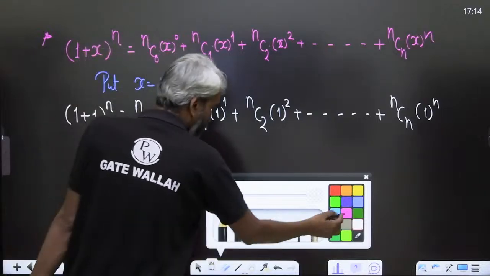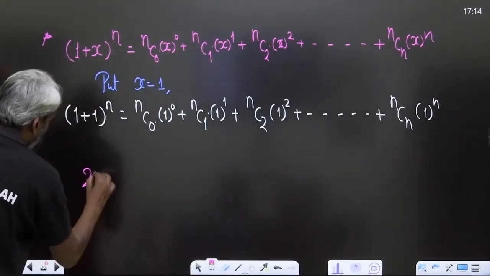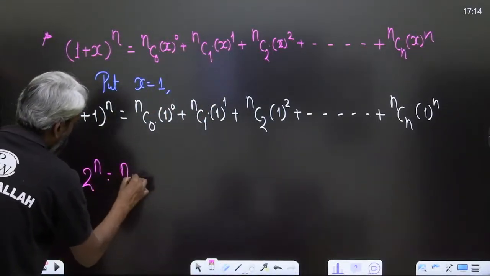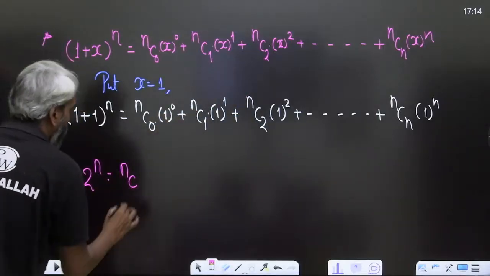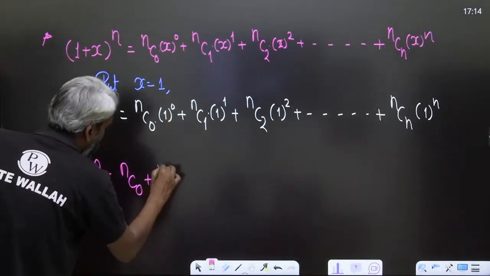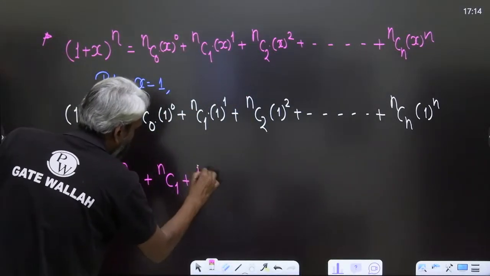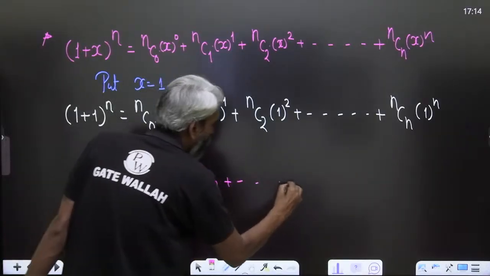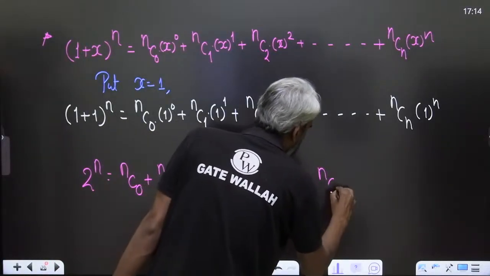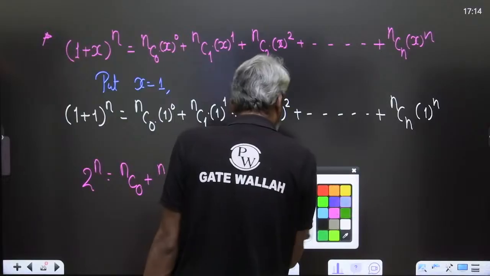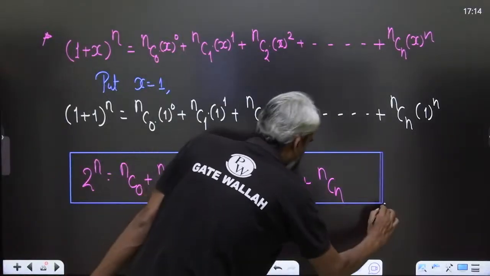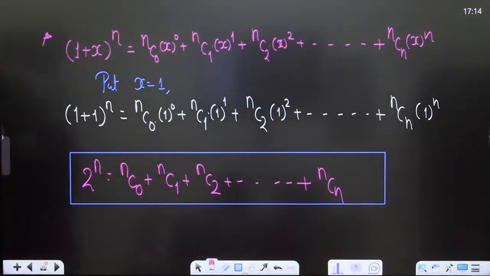So 1 plus 1 is 2, so it will be 2 raised to the power n, and all the powers of 1 are 1. So nC0 plus nC1 plus nC2 up to nCn is nothing but 2 raised to the power n. Please remember this formula.